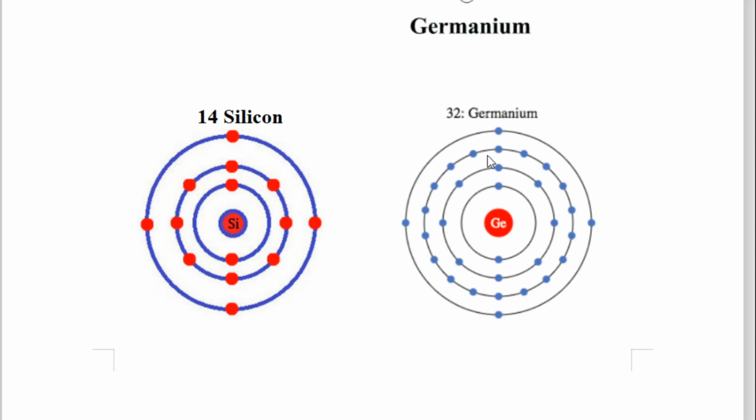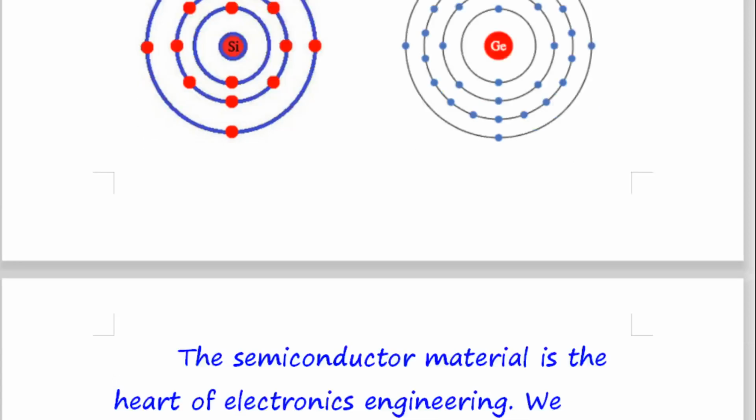And in this way, in silicon and germanium, remember valence electrons are 4 only. So valency is 4, it is said. Valence electrons 4 means electrons in the outermost shell are 4. And that's why these two materials, silicon and germanium, come under the category of semiconductor.